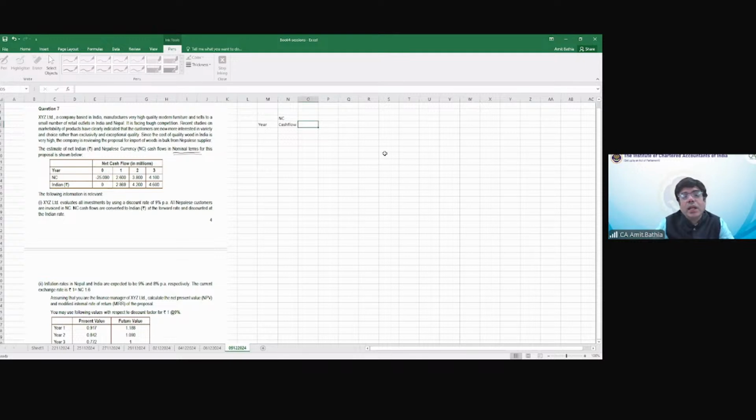Then I have to convert that Nepali currency cash flow into INR cash flow, right? So I would need that. But to convert this, I am going to need a particular rate. What is that? I would be needing the forex rates, right? Now this will help me convert my NC cash flow into INR cash flow.